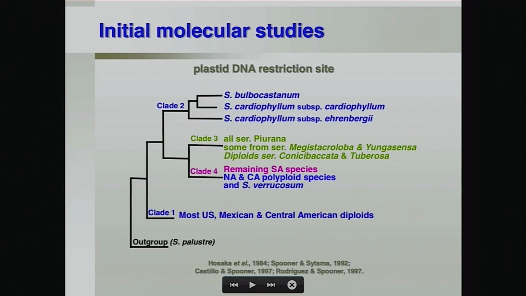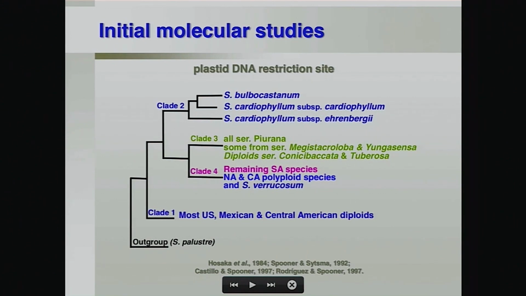Section Petota was divided into four clades. In blue, it is important that you keep in mind the following: in blue are wild potatoes from North America, Central America, Mexico. So in clade 1 and clade 2 were all the diploid species from those places with genome B. The only diploid species from Mexico was Solanum verrucosum, but with genome A. All of these species here have genome A, all.